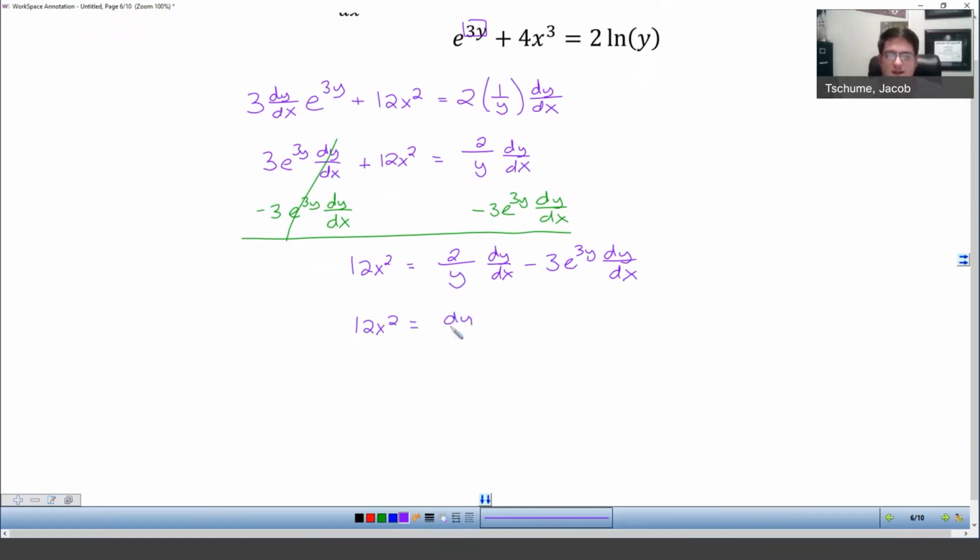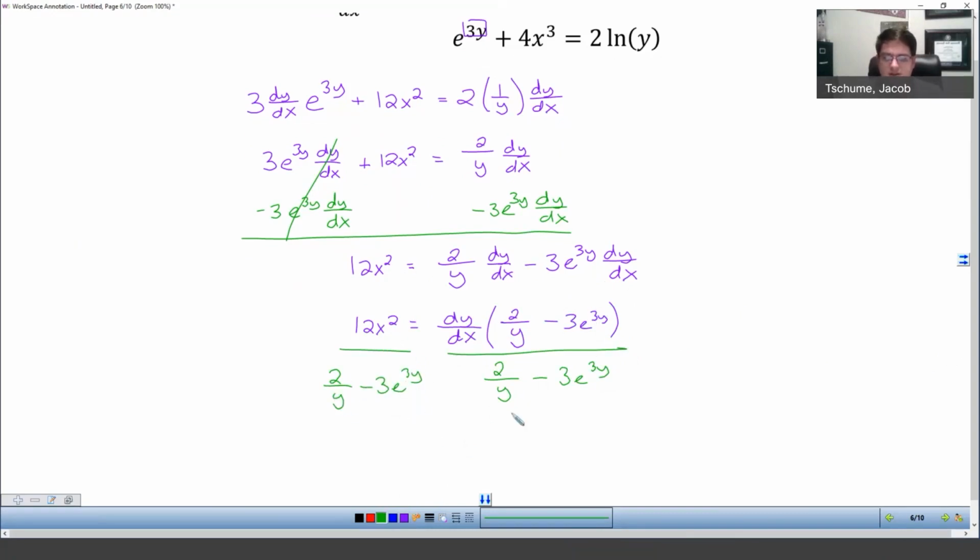On the right, if I factor the dy dx out, I'm left with 2 over y minus 3e to the 3y. The last thing you have to do is to divide both sides by what's inside this parentheses. So that's the 2 over y minus 3e to the 3y.